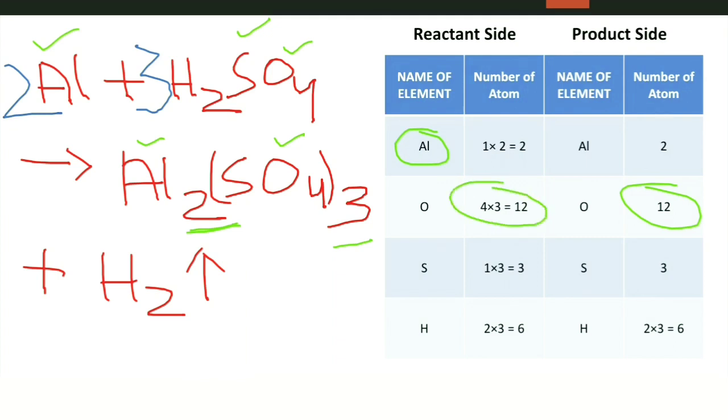Now the atoms of hydrogen in the reactant side are 2 multiplied by 3, that is 6. So in the product side we will multiply atoms of hydrogen by 3 to balance it.